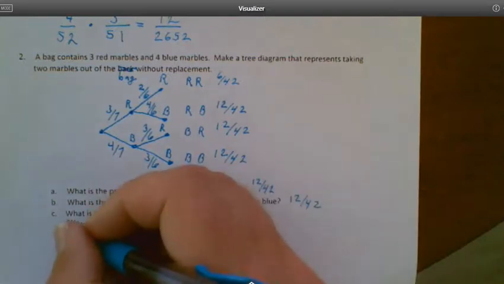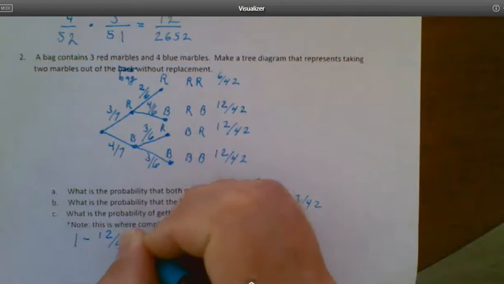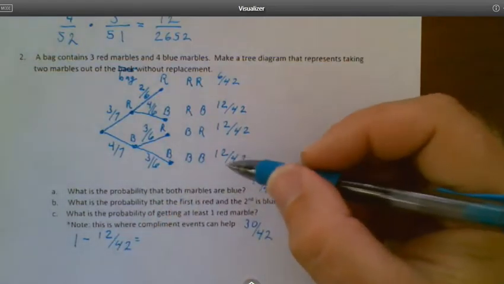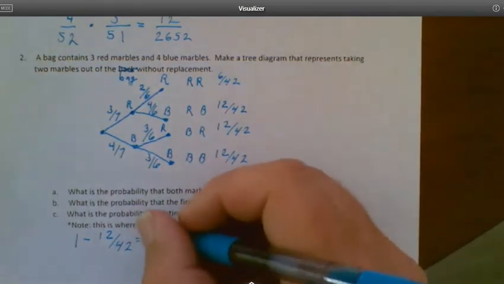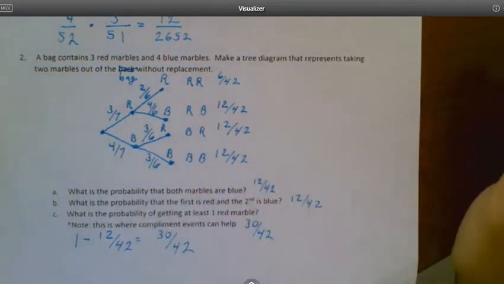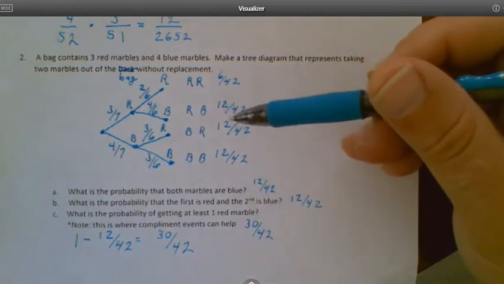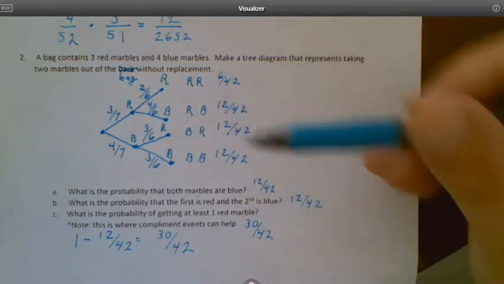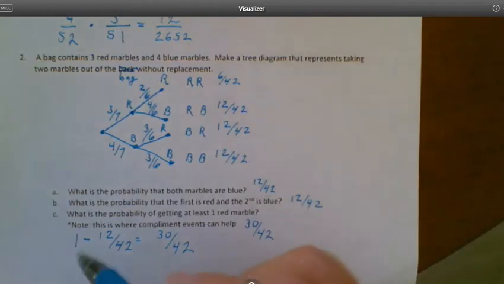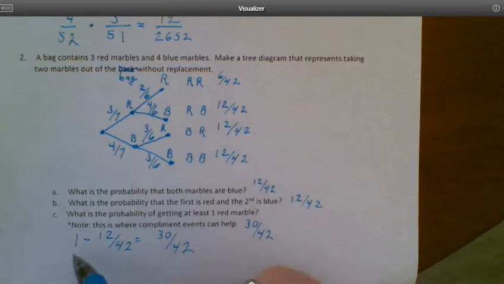And so if I would have done 1 minus the piece that I don't want, that also would have given me the same answer. So you can just do the straightforward approach and just add up the winning options, but you do have a choice. If you want to use complement events, the other route is to simply subtract out what you don't want from one, and what's left over should be what you do want, which would be your answer.